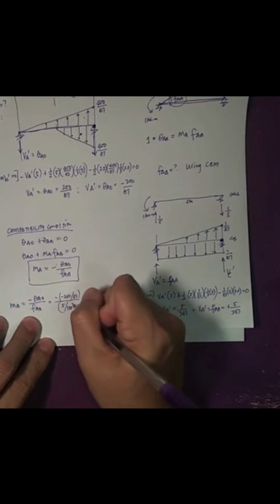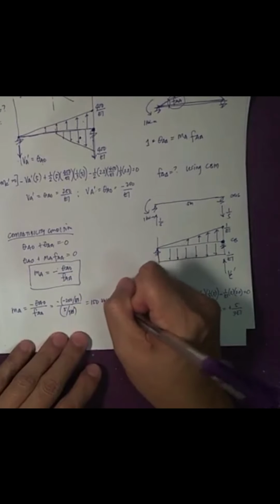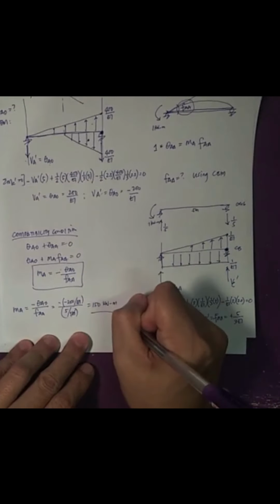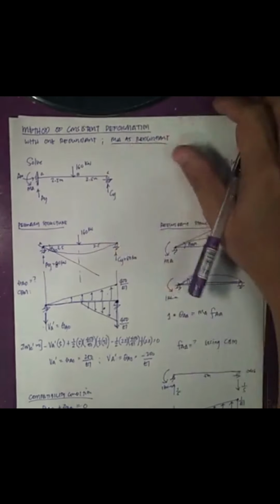The EI cancels, so that becomes 250 divided by 5/3, which is 150 kilonewton meter. That would be the moment reaction at point A. So for the indeterminate structure, using the method of consistent deformation, we were able to solve for the moment at A.